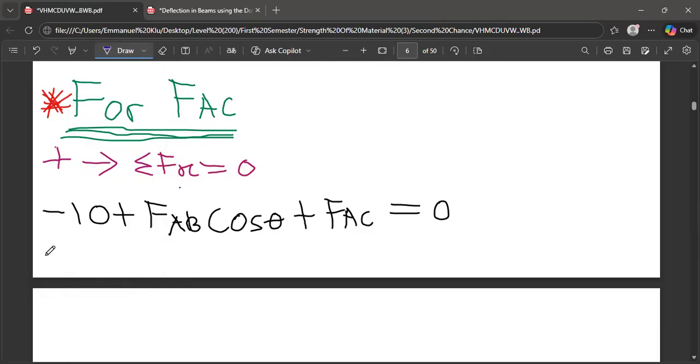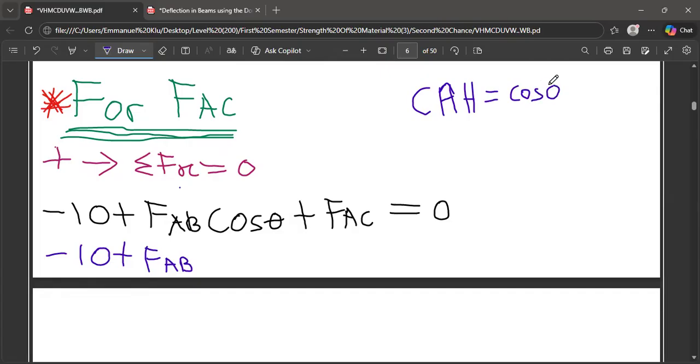So this can also be written in this way: negative 10 plus FAB, and instead of the cos, we know that the cos is equal to cos theta, which is equal to adjacent over hypotenuse.